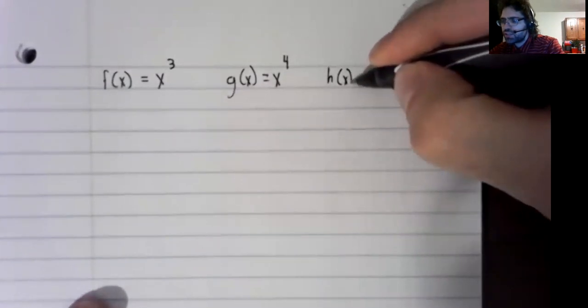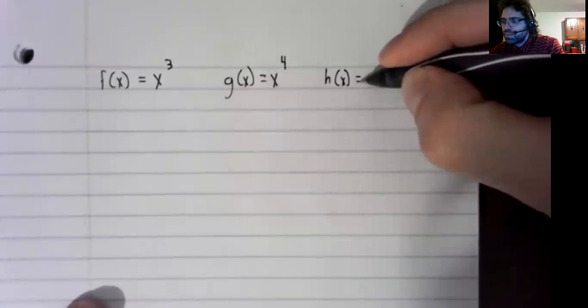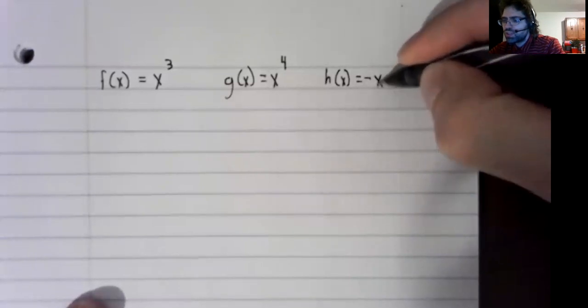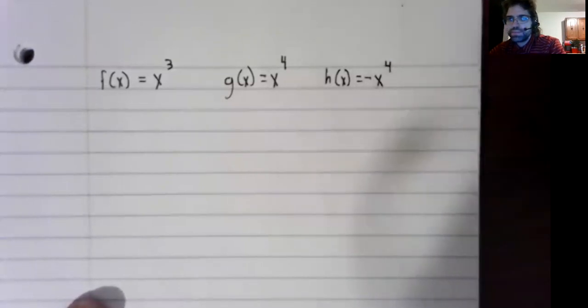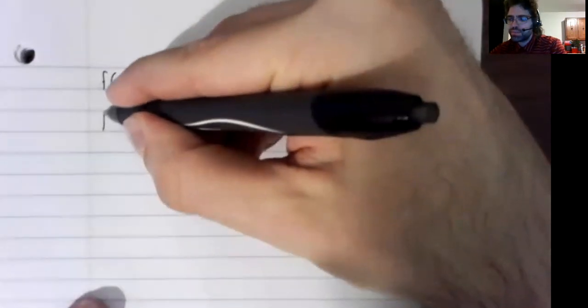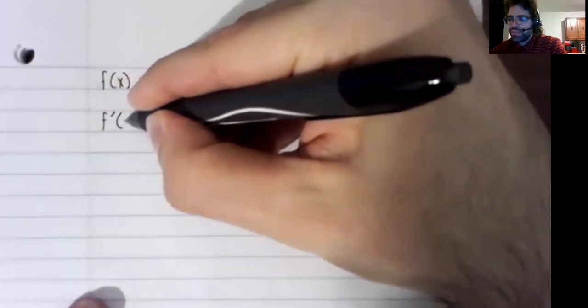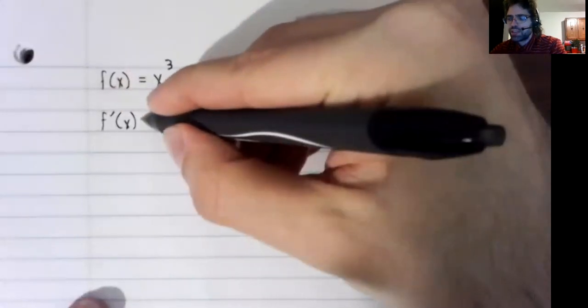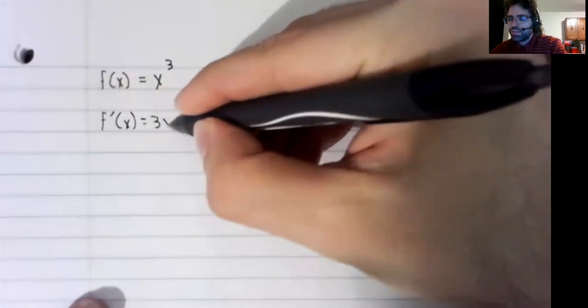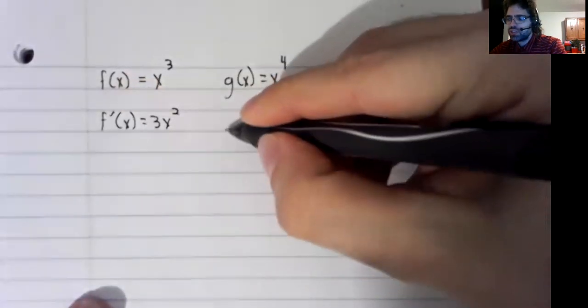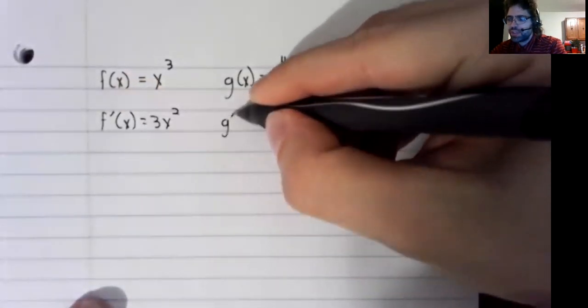H of x equals negative x to the 4th. F prime of x is 3x squared.